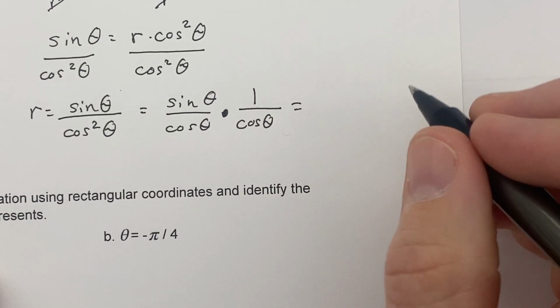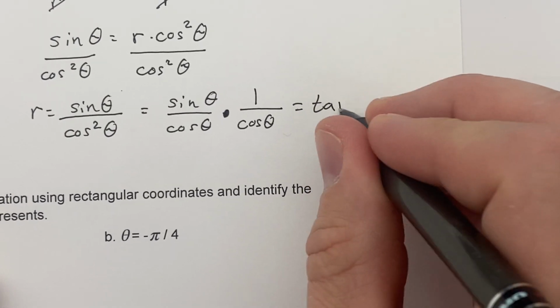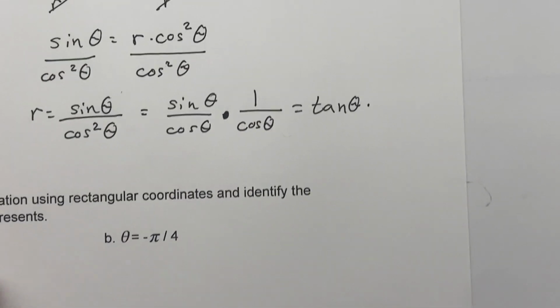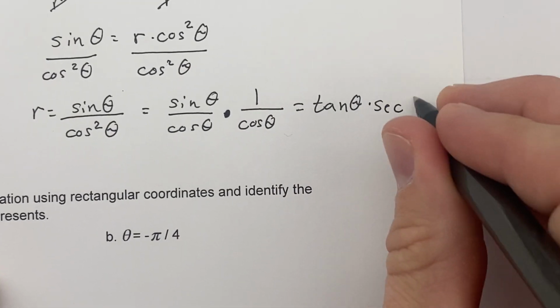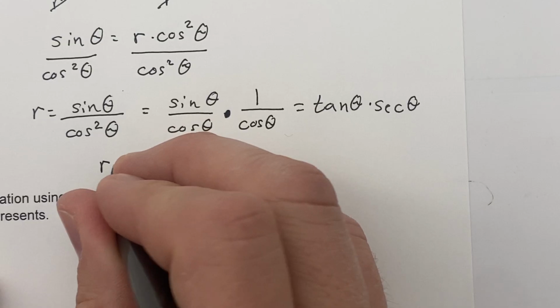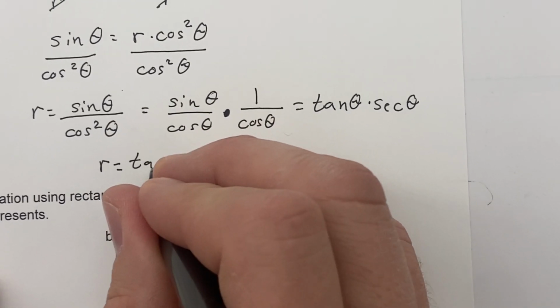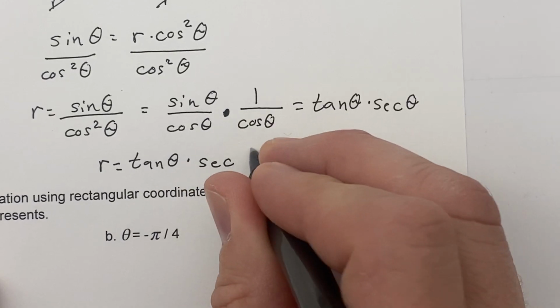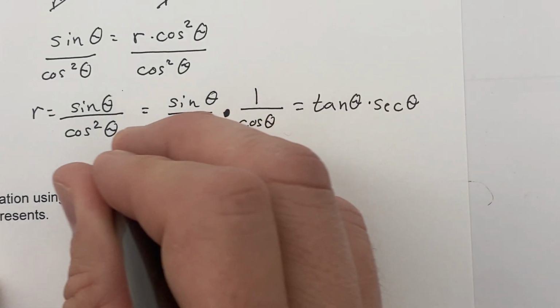Sine over cosine. Yep. And 1 over cosine. There you go. So our final equation is r is equal to the tangent of theta times secant of theta.